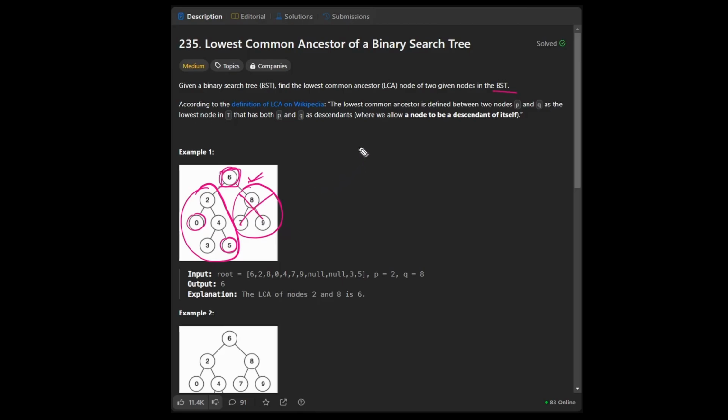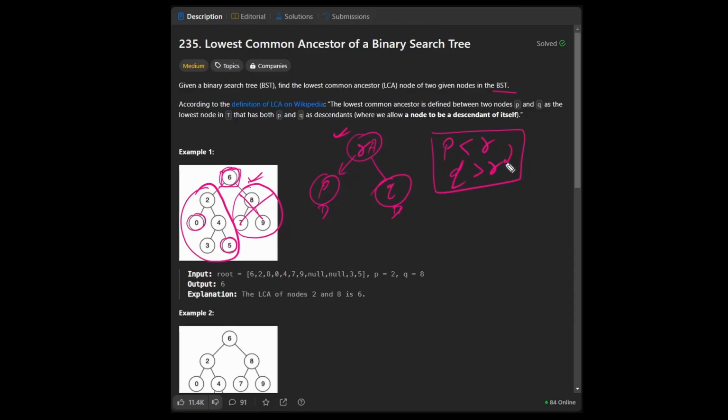So we can say we have a relation like this: we have a root node, which would be an ancestor node, and we have P and we have Q. These are the descendant nodes. If we find a relationship where the value of P is less than R and the value of Q is greater than R, we can say that we found the lowest common ancestor.